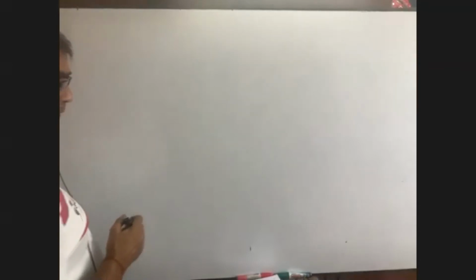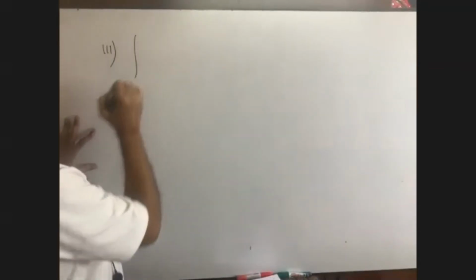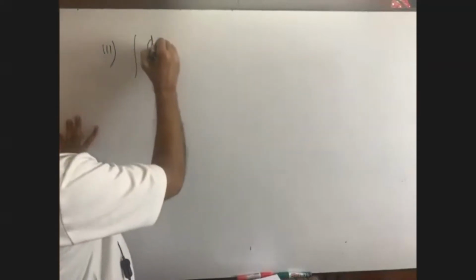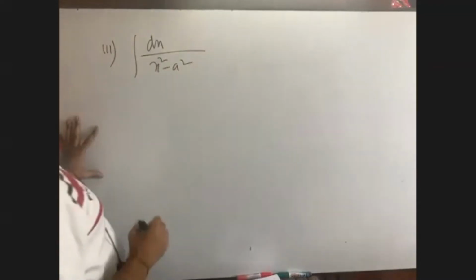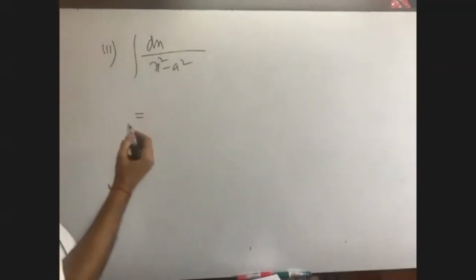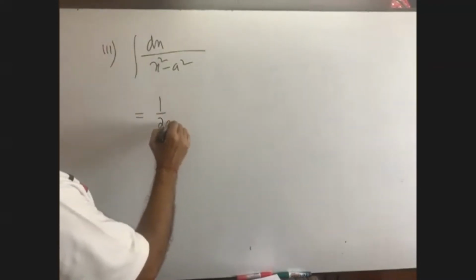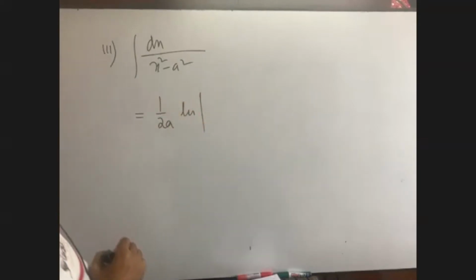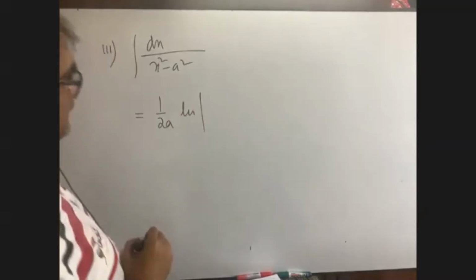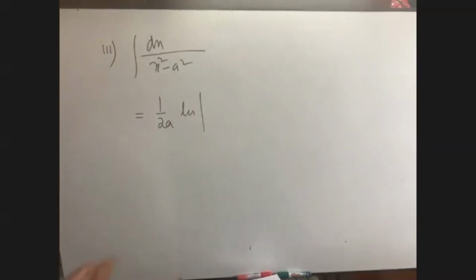Okay, same type of math. I am not going to do the math. You see, that is dx by x square minus a square. I am not going to prove this. It will be the same as 1 by 2a ln. Let me know what will be there. That time it was a square minus x square.